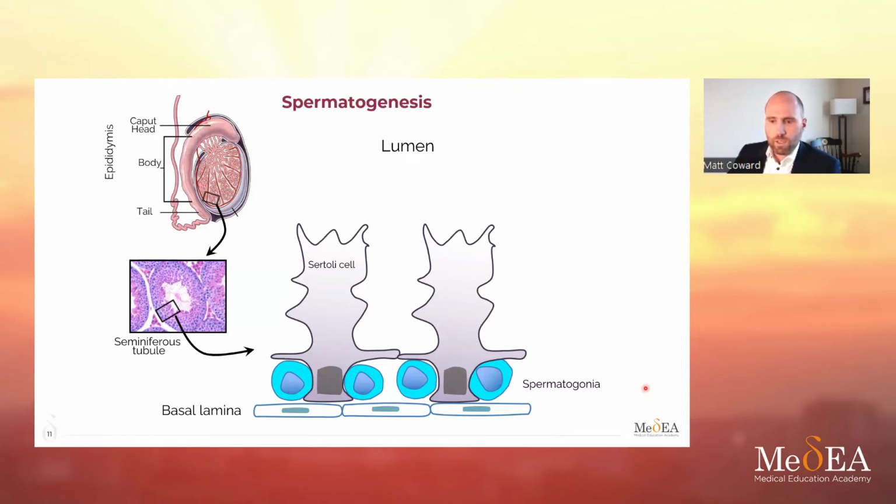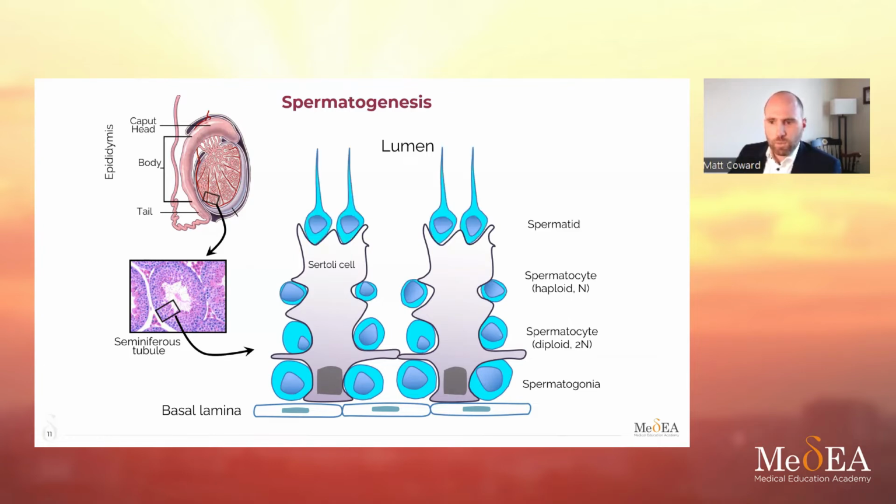The spermatogonia develop into spermatocytes, which are diploid or 2N, and then haploid spermatocytes, and then finally the spermatids. In the tubule, the Sertoli cells intimately associate with the germ cells, and in fact, it's known that each Sertoli cell can support up to 40 to 50 germ cells.